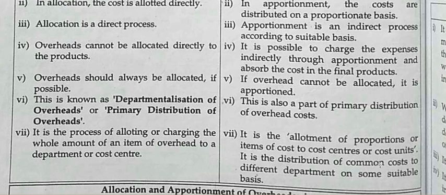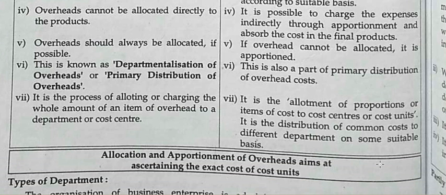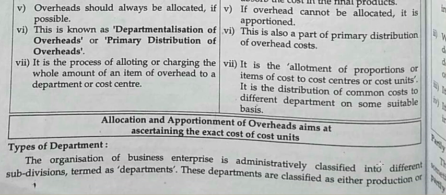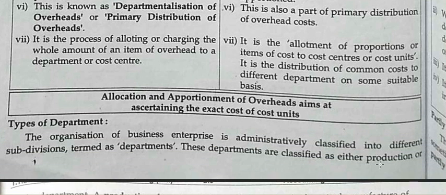Number 7, it is the process of allocating or charging a whole item of overheads to a department or cost center. Apportionment is the allocation of a proportion of an item of cost to a cost center or cost unit. It is the distribution of common cost to different departments on some suitable basis. Okay, and now there are types of departments. Some list is there.